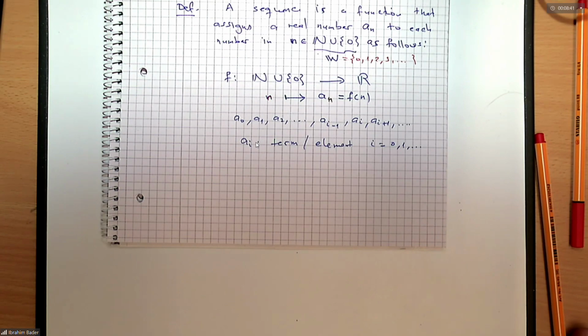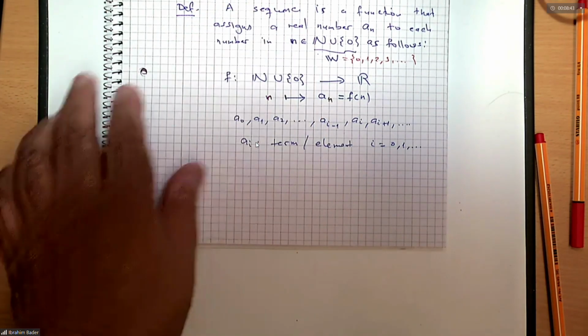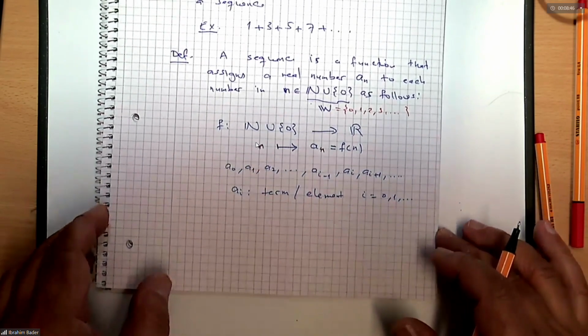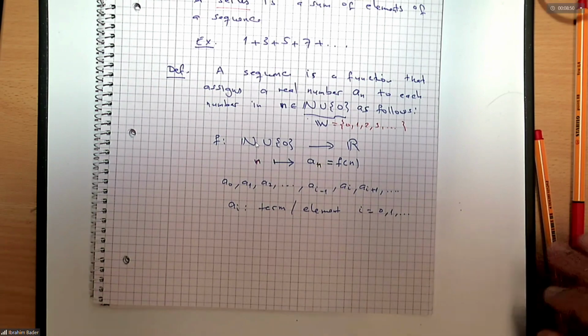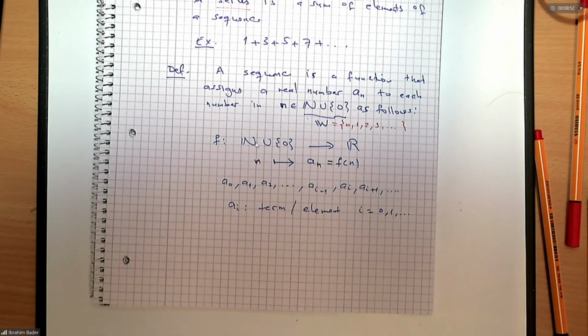Maybe can you think of a formula for this one? The odd numbers here. Can you think about a formula there? How will you, if n is 0, how will you generate 1? 0 plus 1. Okay, at 2.